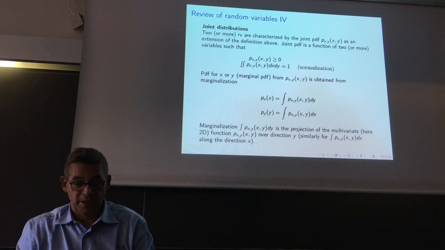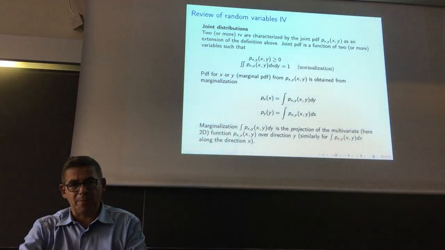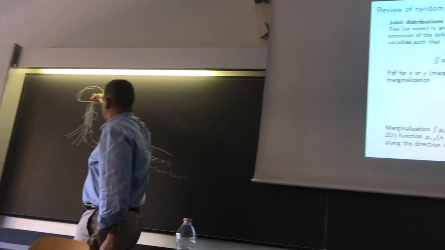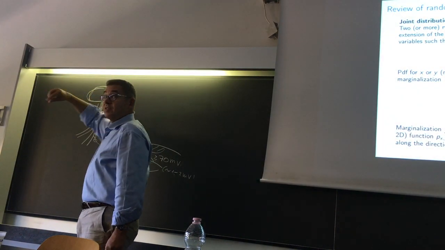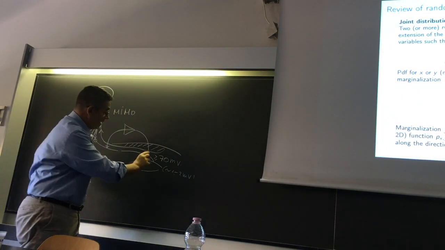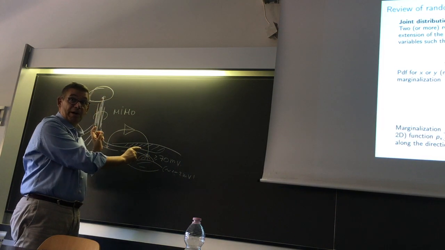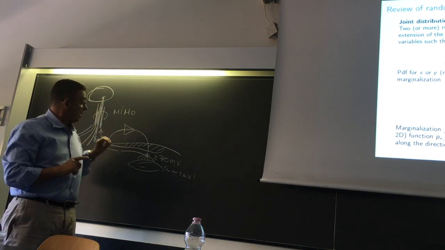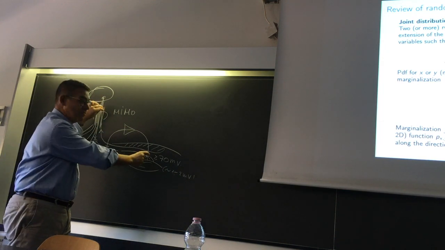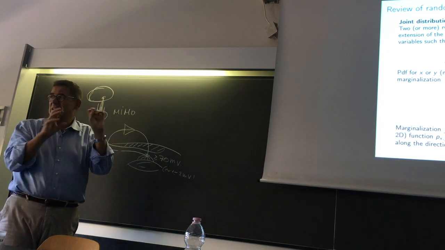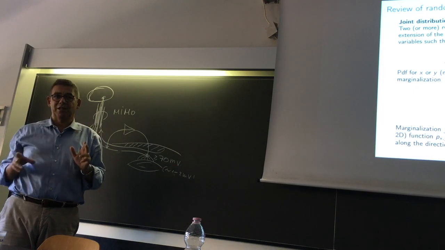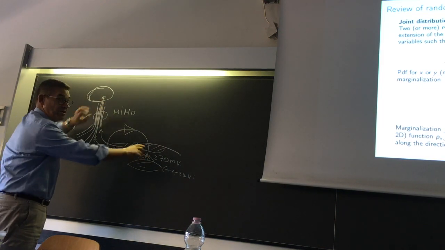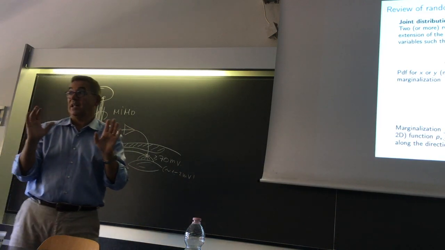If the amplitude of the signal in the top of the nerve is a random variable, and the amplitude of the signal in the lower part is a random variable, then if I change one and the other doesn't change, they are not related to one another. But if when I change here, it starts to change there, then they are related.